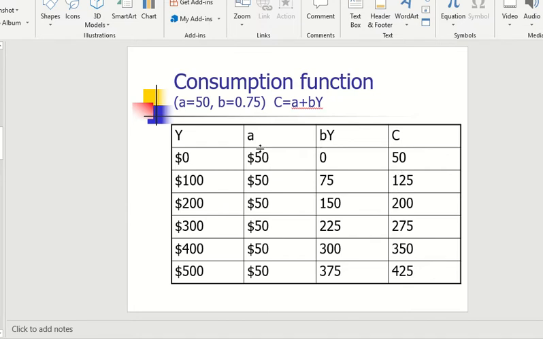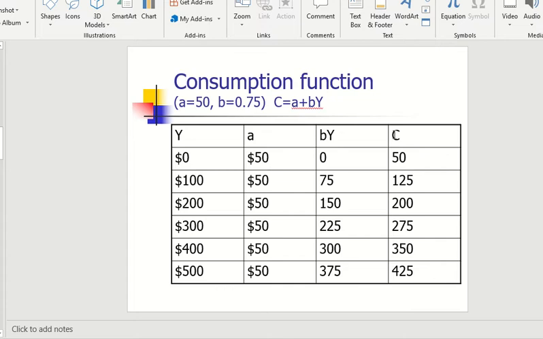One more before we move on. So the income is $200. So the amount of consumption that is dependent on income is $150. That means it's 0.75 times 200. So that will give us $150.